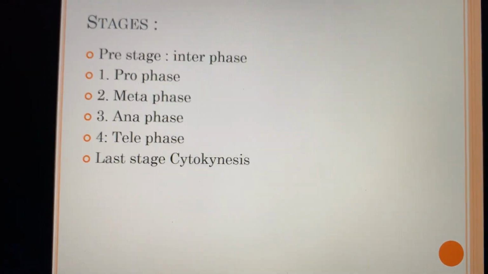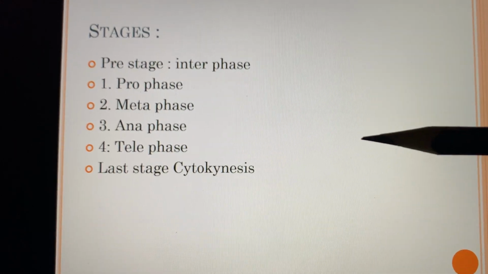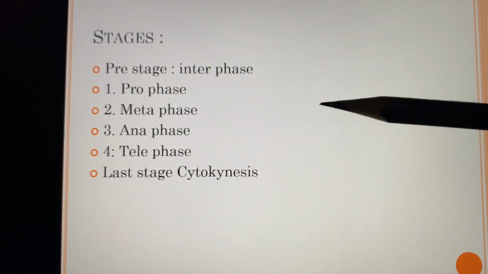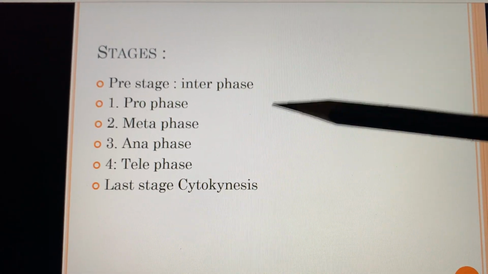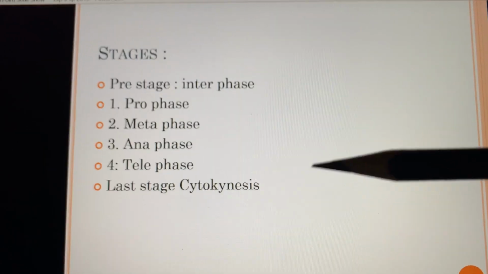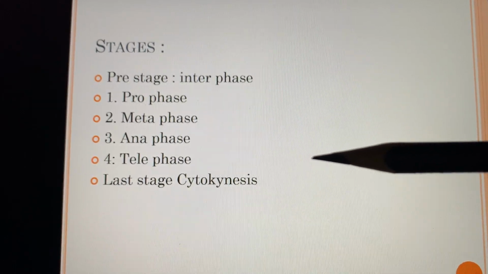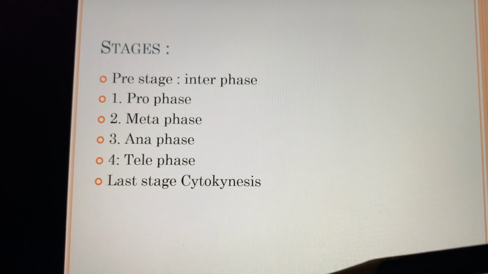So, for the stages that we need to learn about mitosis, in each phase there are certain things that happen. Now, my main concern as a lab is that I need you to recognize these phases. My aim is not for you to know what is actually going on, same as the lecture.